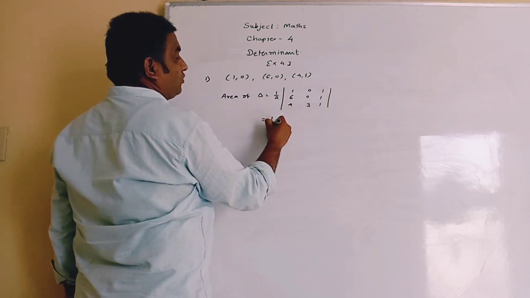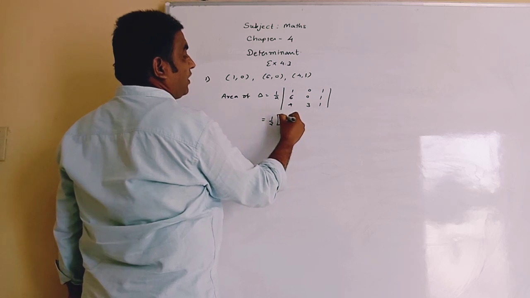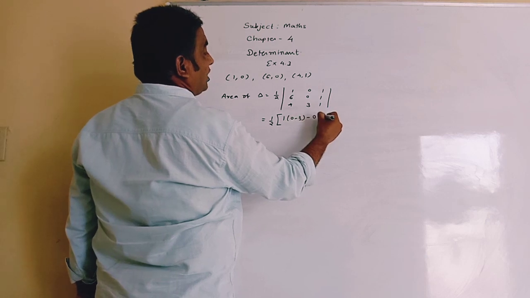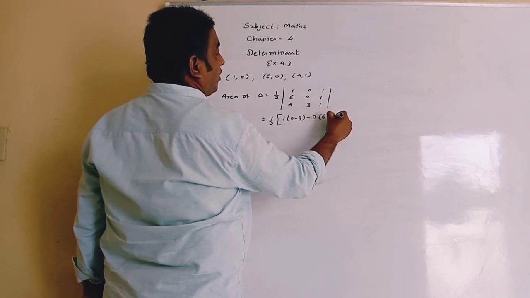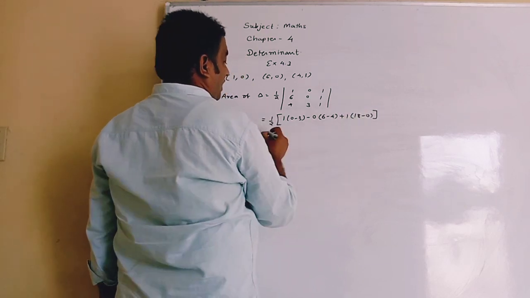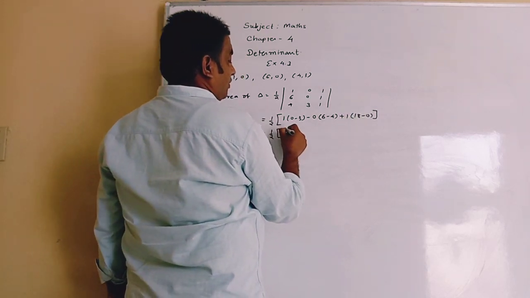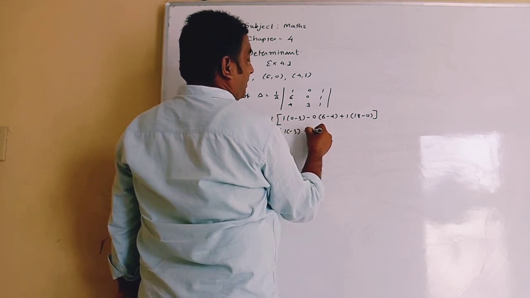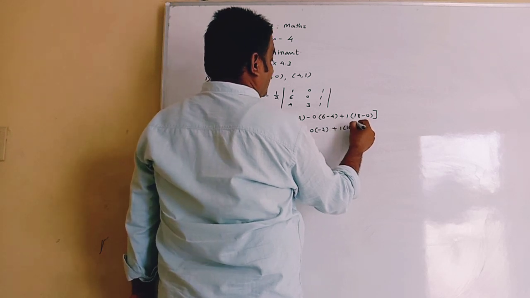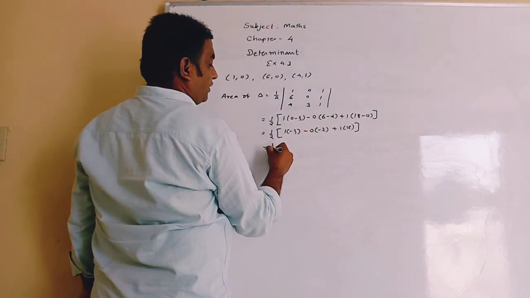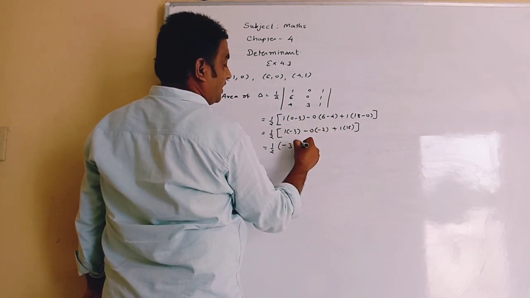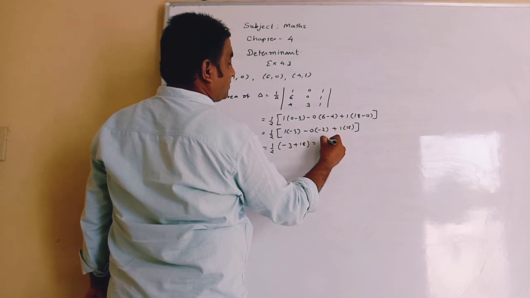We expand it: 1 by 2 [1 (0 minus 3) minus 0 (6 minus 4) plus 1 (18 minus 0)]. So it will be 1 by 2 [1 into minus 3 minus 0 into 2 plus 1 into 18]. Here we get 1 by 2 [minus 3 minus 0 means nothing, plus 18]. So 18 minus 3 is 15, so the area is 15 by 2.